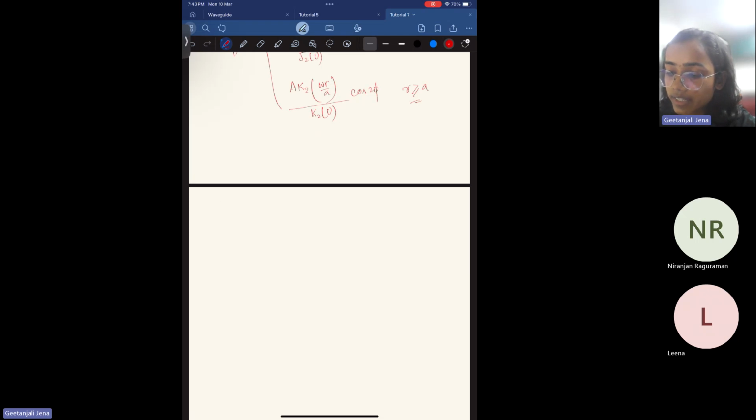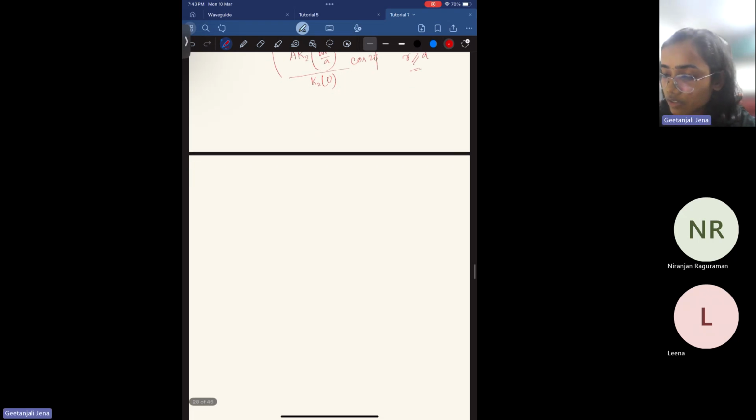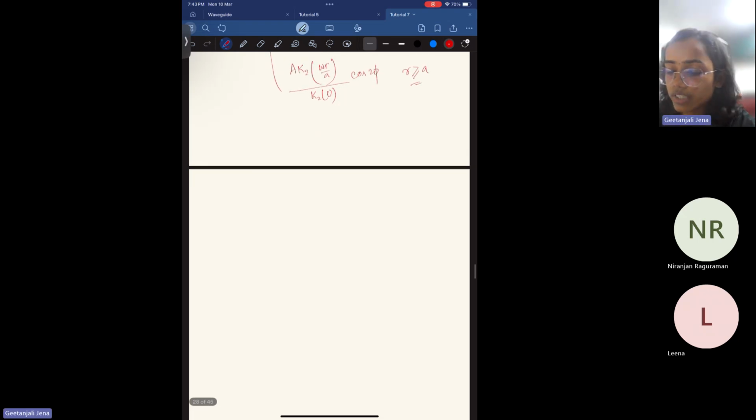So let me write. I think all of you know the language of MATLAB. You can define a parameter. So it's three steps. One is to define the parameters.